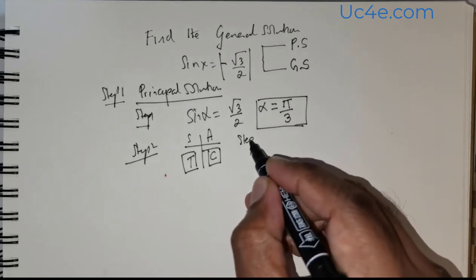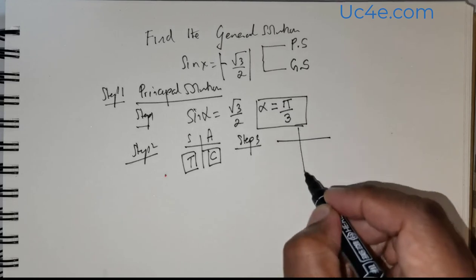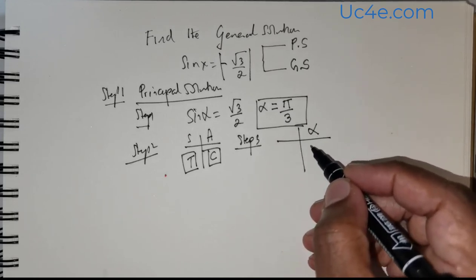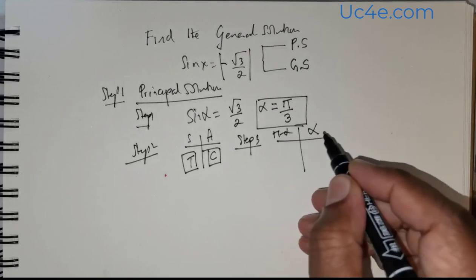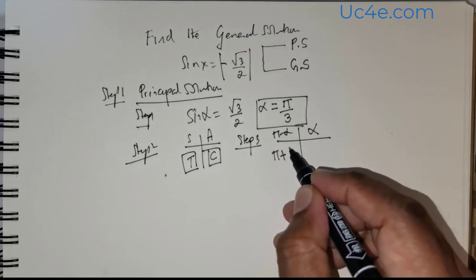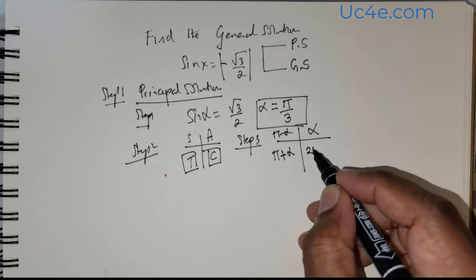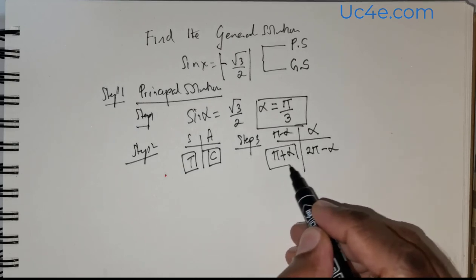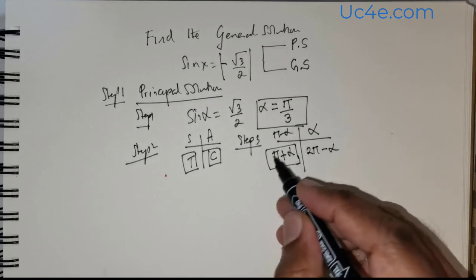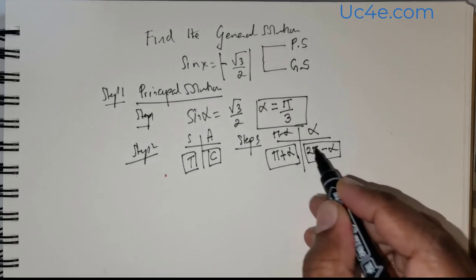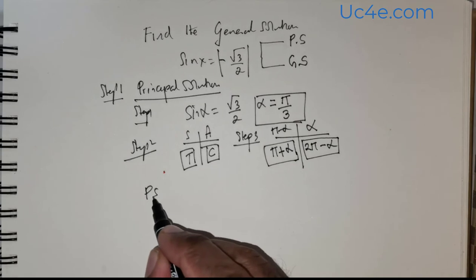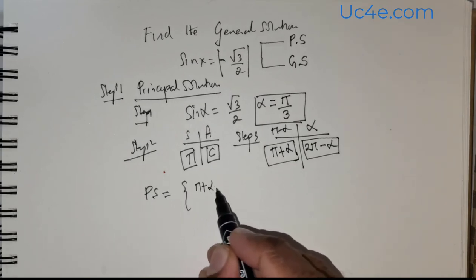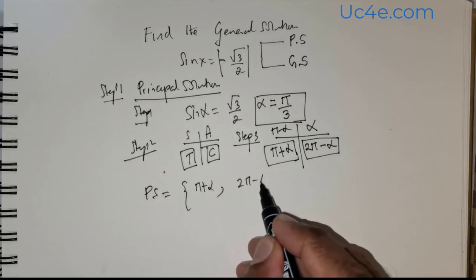That will take us to step 3, where in the first quadrant theta takes the value alpha, 2nd quadrant is pi negative alpha, 3rd quadrant pi positive alpha, final quadrant, 4th quadrant, is 2 pi negative alpha. Since we are basically concerned with the 3rd and the 4th, the principal solution in this case is going to be pi positive alpha and 2 pi negative alpha.